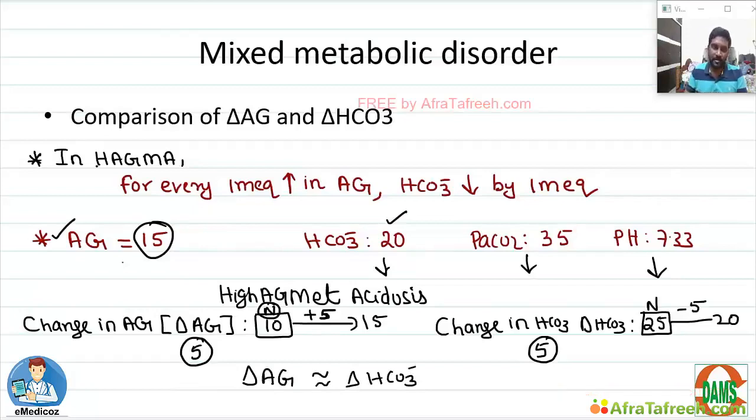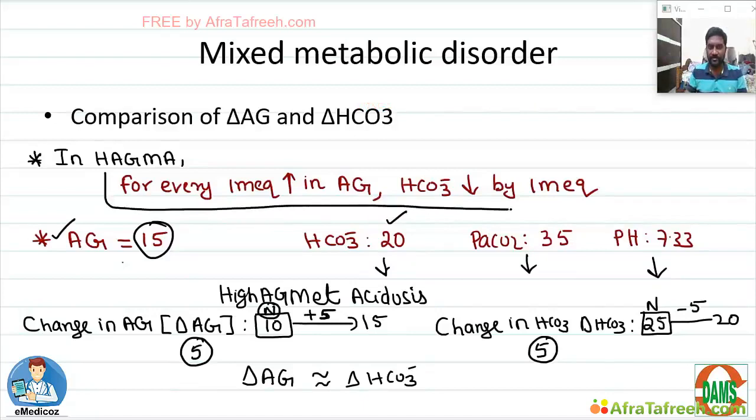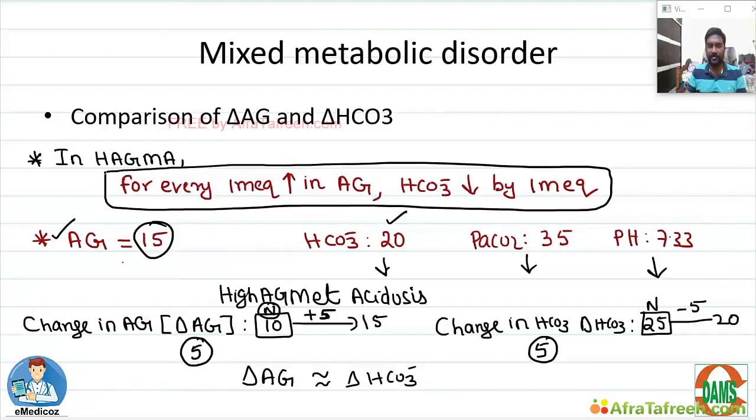We have already discussed that in an isolated high anion gap metabolic acidosis, for every 1 milli equivalent increase in anion gap, bicarbonate decreases by 1 milli equivalent. So if there is a single disorder, only a single metabolic disorder, and that too a single high anion gap metabolic acidosis, this relation will be preserved.